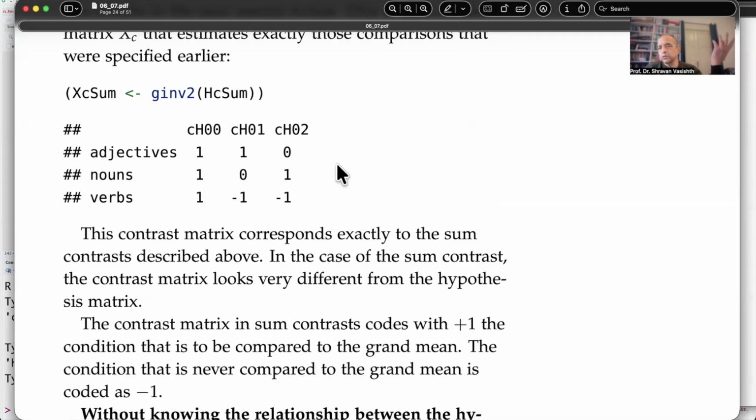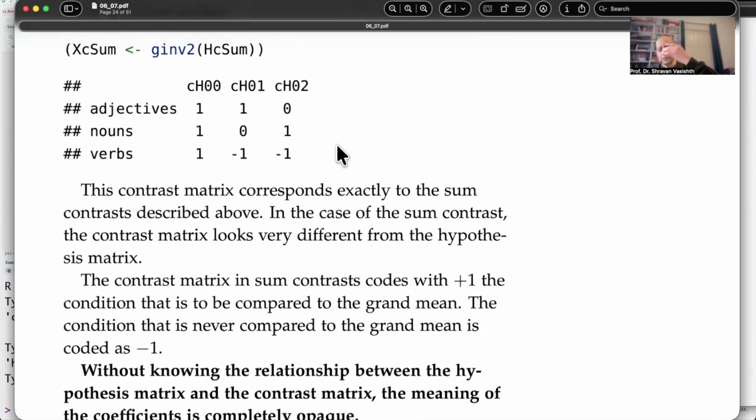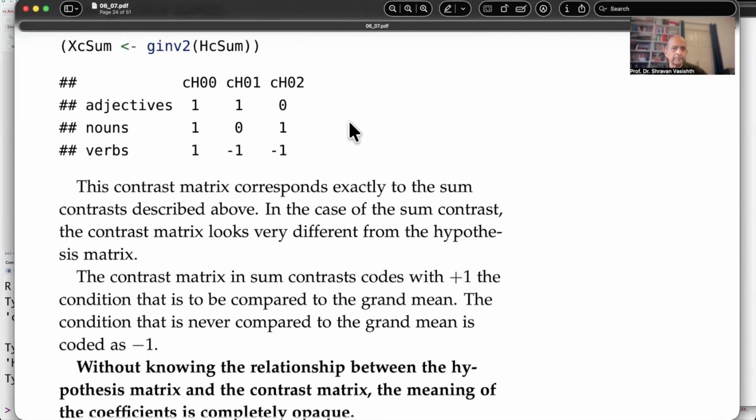And in fact, I wouldn't know if I hadn't studied this stuff. As a user of statistics, if somebody threw these contrasts at me, I would have had no idea, maybe 8, 9 years ago.